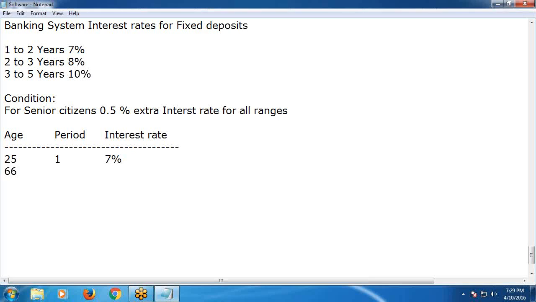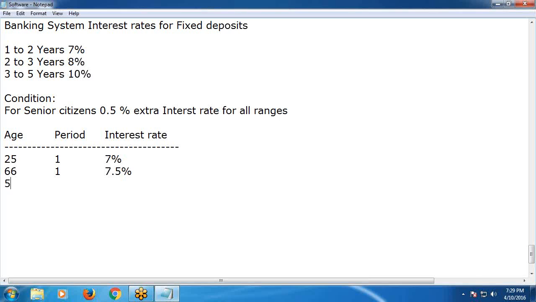Next, age 66 years, period same 1 year. Observe Rahman, what is the expected value? Expected value differs, na? Sir, I don't know the senior citizen age. 65 years, or 60 years. 7.5%. Suppose 60 years, 0.5% extra means 7.5%.